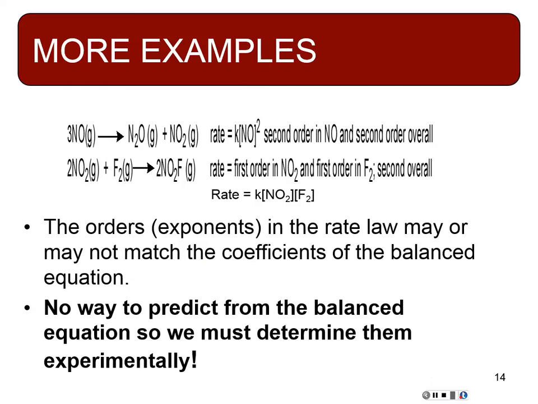Here's some practice on, well, not yet. In a second, we'll have more practice on that. These are kind of long. I hope you can see them. I don't know why they did that, but here's a couple other ones. Our rate law expression for this first one is K times the concentration of NO to the second power. It's second order with respect to NO and second order overall.